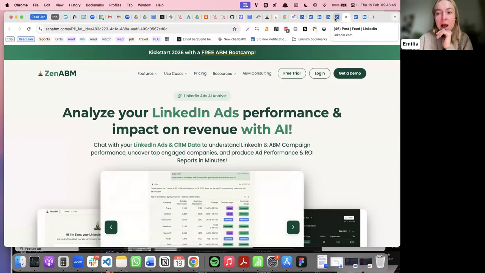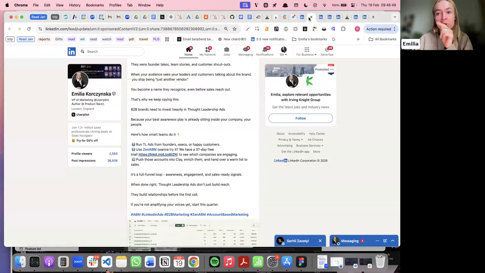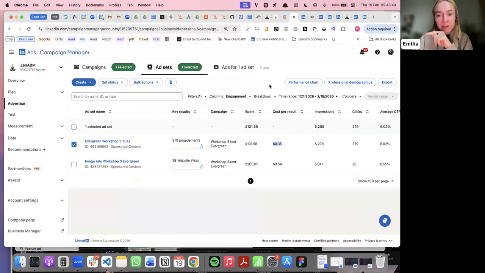So I wouldn't say that clicks on the TLAs, if you consider clicks to landing pages, so you go to the engagement tab, are lower intent than image ads. So if we were bold enough and if we have the resources, I would probably then consider using TLAs as an alternative to image ads altogether.